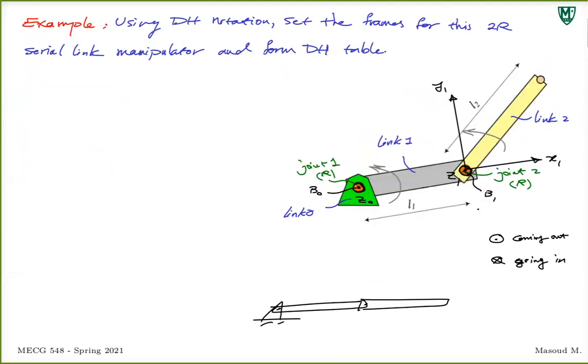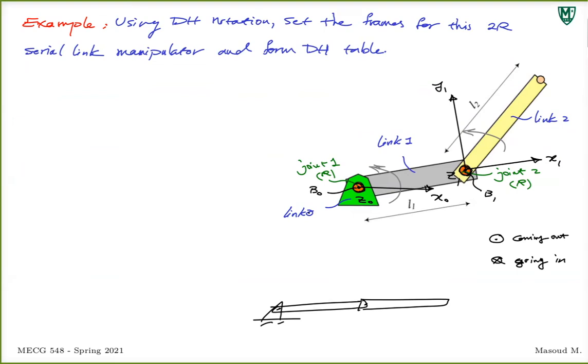So if you go here, I put my x0 here. Why do I do that? The angle that x0 has to go through to become parallel to x1, and this rotation is happening about z1, that angle is theta 1.